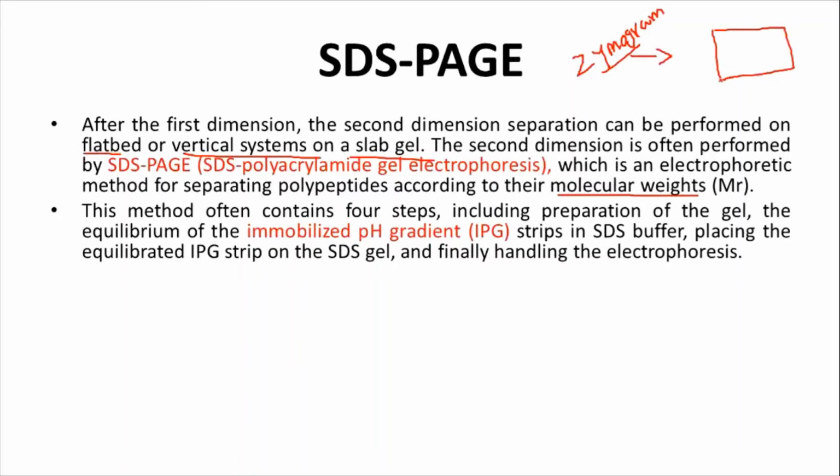But how do we separate and identify the particular enzyme in the mixture? If we are already preparing the SDS page, during the preparation we add the corresponding substrate of the enzyme we want to the gel. Finally, we prepare the SDS page gel.